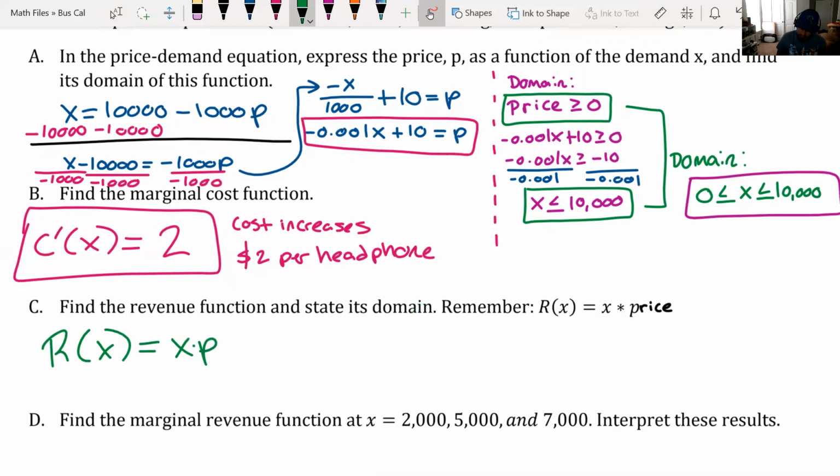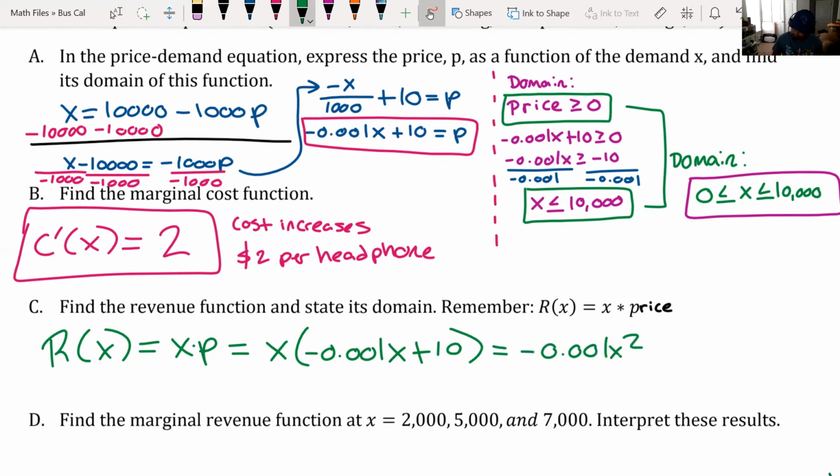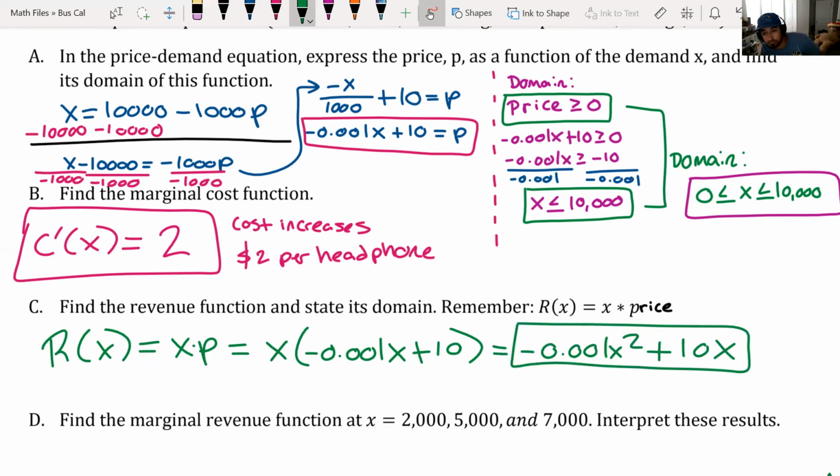So you'll get x times negative 0.001x plus 10. Distribute the x, and you'll get negative 0.001x squared plus 10x. There is the revenue function. That's revenue. Okay. And domain, well, guess what the domain's going to be?